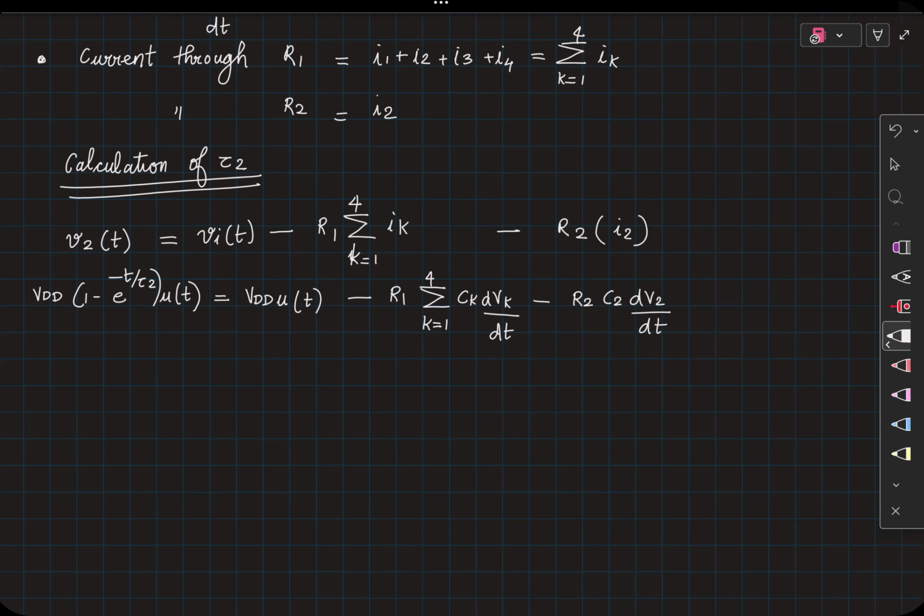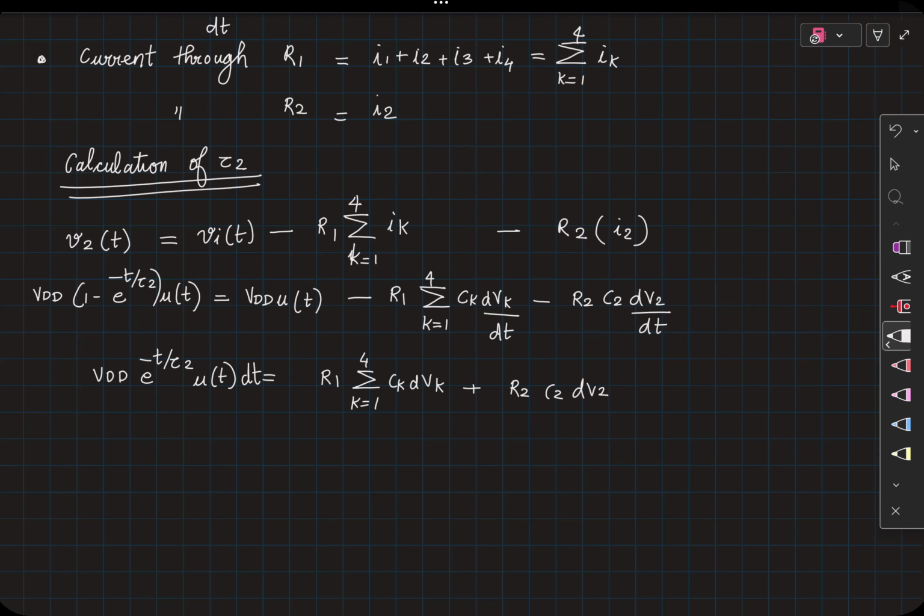So then I will get VDD into e power minus t by tau 2 into u of t is equal to R1 into the summation k equal to 1 to 4 of Ck into dVk by dt, plus R2 into C2 dV2 by dt. Right? I'm going to take dt to the other side, loosely speaking.